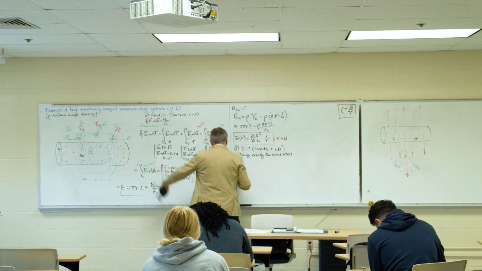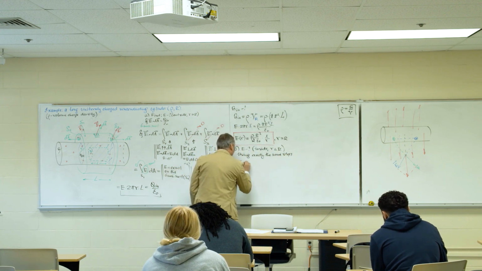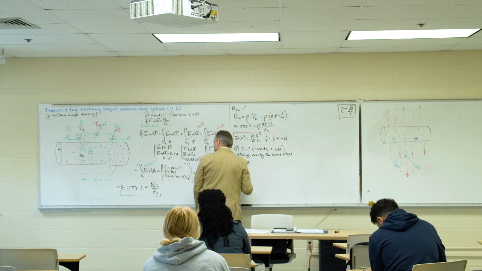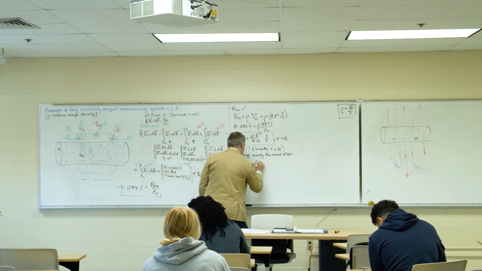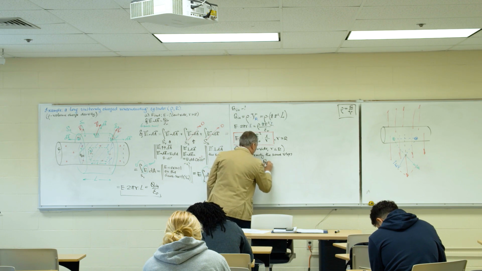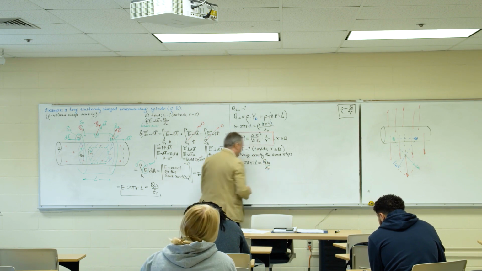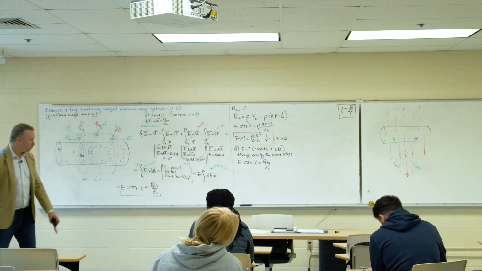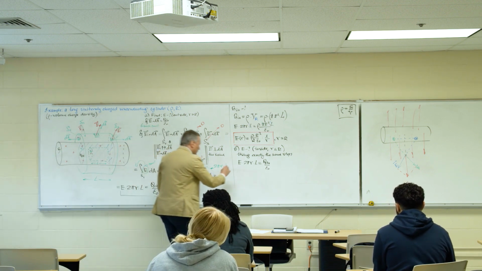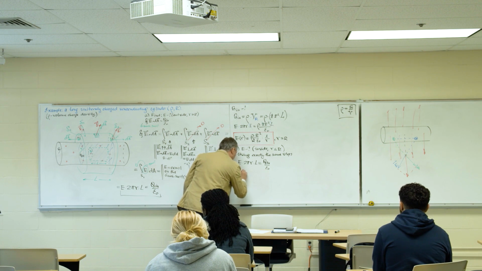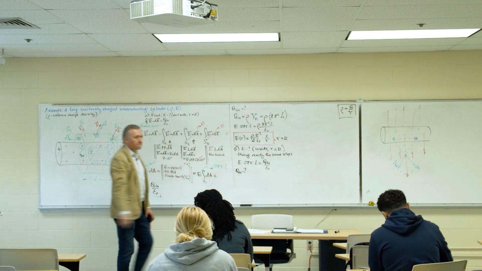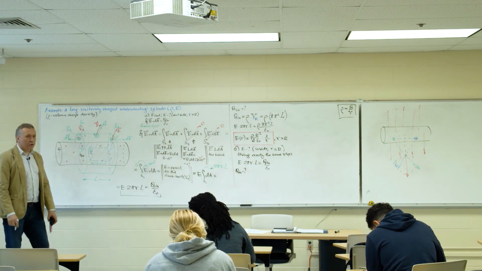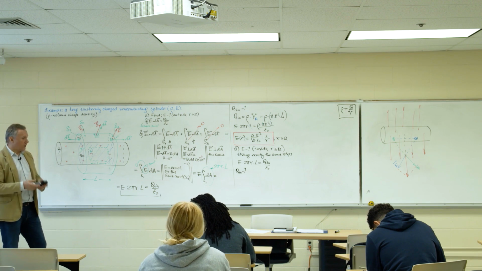So we will get to that intermediate point. So E times 2 pi r L equals Q enclosed over epsilon naught. So now Q enclosed. Again, we need to see on the picture where that charge is.